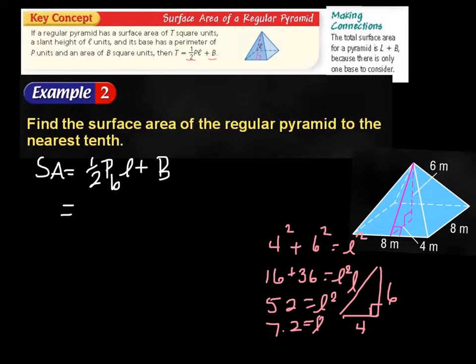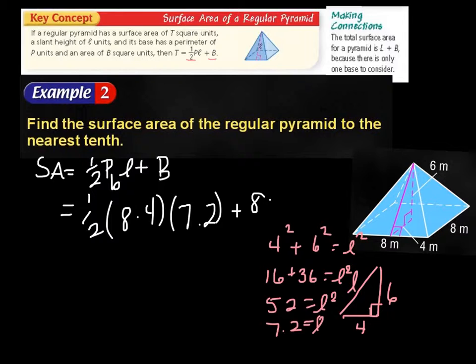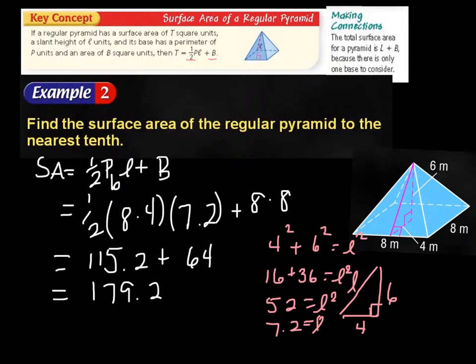Now I can plug in my formula. So I've got 1/2. The perimeter of my base is easy enough. It's a square, so 8 times 4. We found the slant height now. It was 7.2. Plus the area of my base, it's a square, so 8 times 8. So now I've got 179.2, and our units were meters.